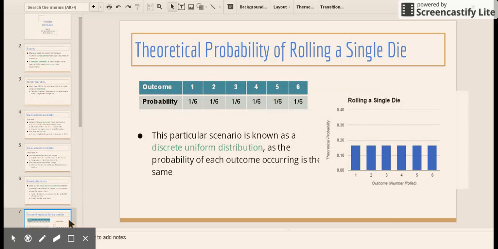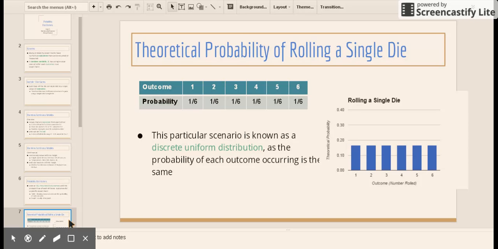All right, so here we are looking at the theoretical probability of rolling a single die. So I've got 6 outcomes. They are the rolls. I roll a 1 or a 2 or a 3, 4, 5, or 6. The probability of each of those outcomes is 1 out of 6, as long as I have a fair die.